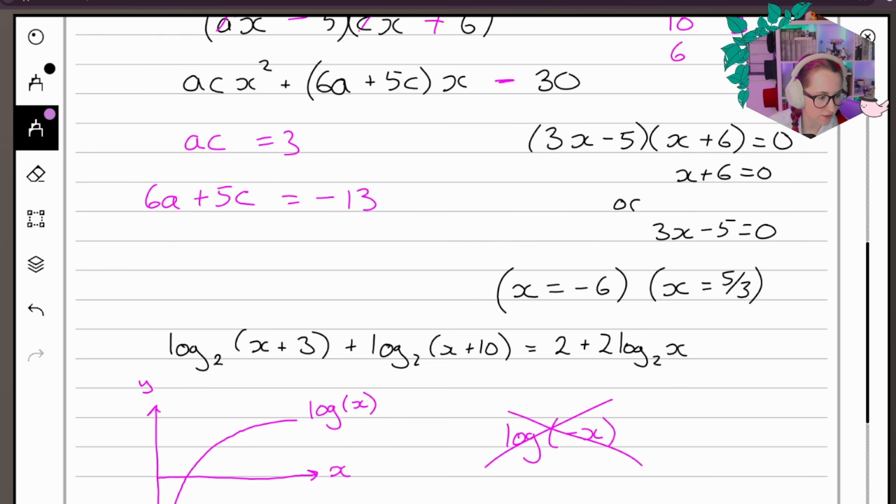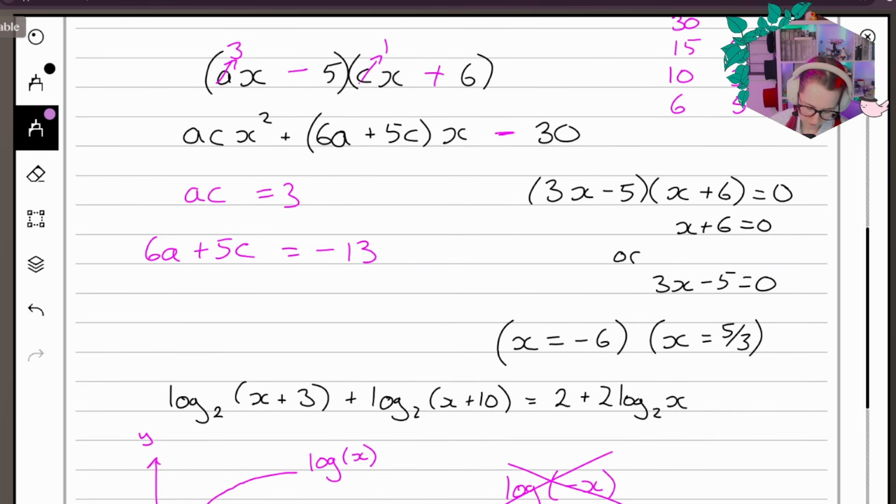So that means that... Did I get that the right way around? Sorry, I got my signs the wrong way around up here. So that's plus and that's minus, because it would be minus 18 plus 5.